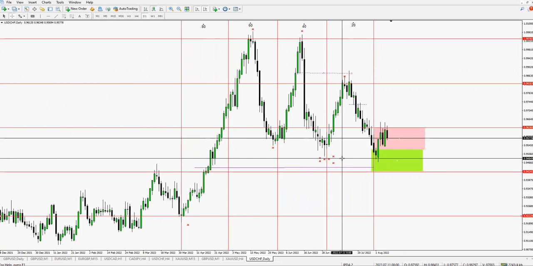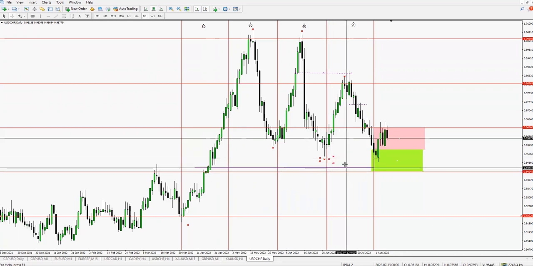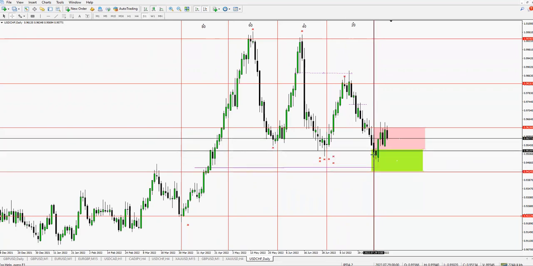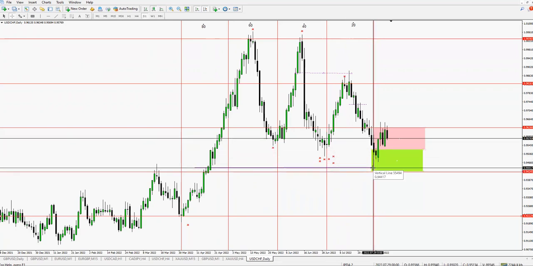Okay, what else can I use here, guys, to determine what could likely happen if price is going lower here? If I've just shown you that there's a discount here, there's a liquidity pool there, there's a weekly SIBI, a BISI there, what else can I use here?